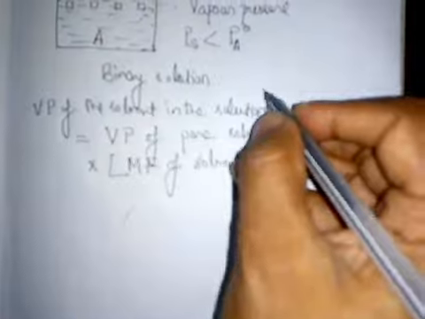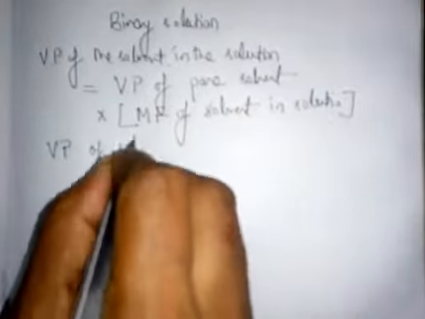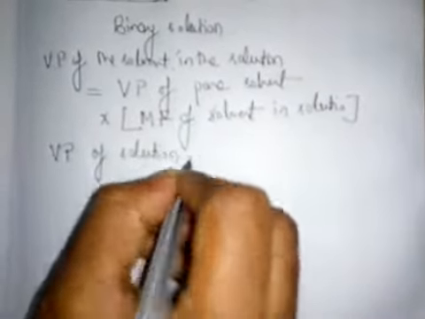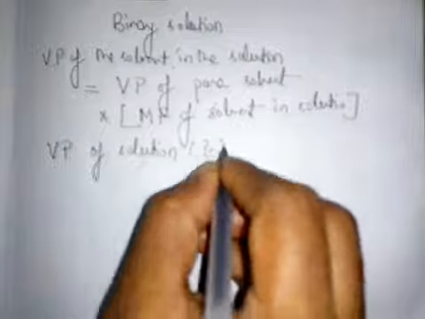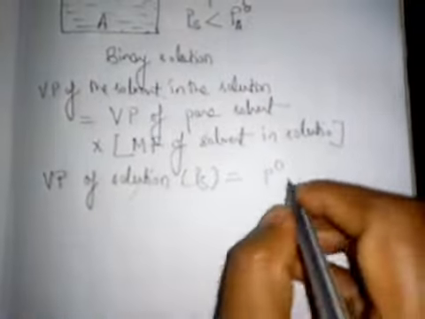Same thing as we have written, PA is equal to P naught A into XA. So vapor pressure of solvent in the solution can be simply written as vapor pressure of solution. That is PS is equal to vapor pressure of pure solvent, P naught, into XA.